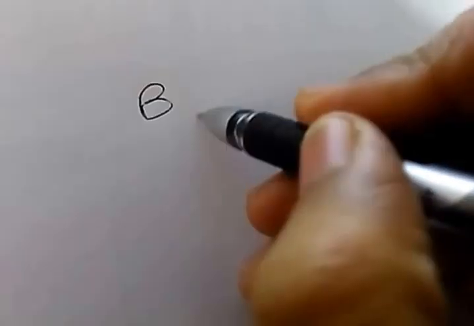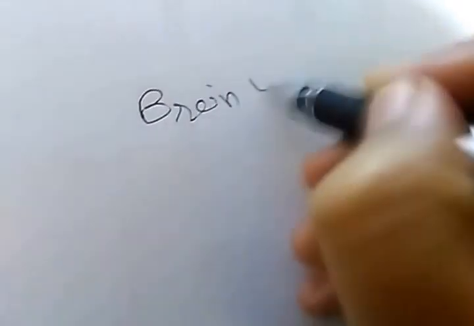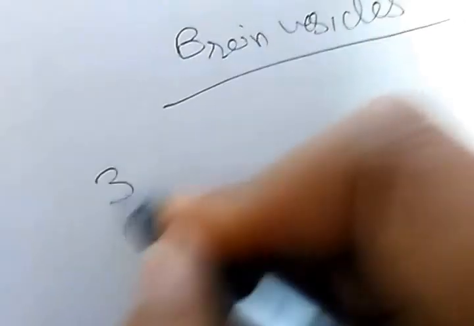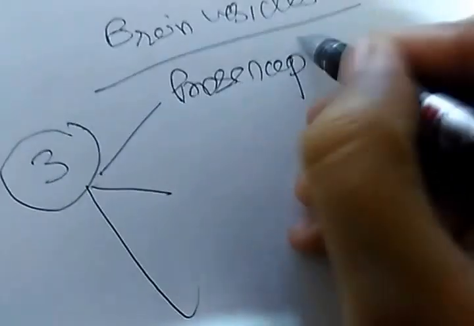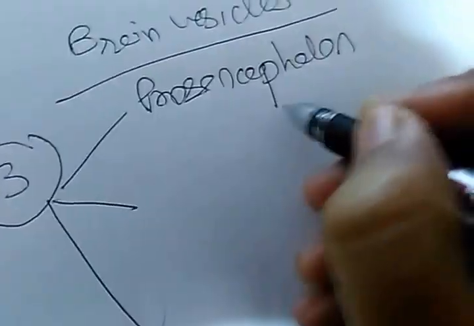Okay, now the brain vesicles. First of all, we know there are three brain vesicles: prosencephalon, which resembles forebrain in adult.